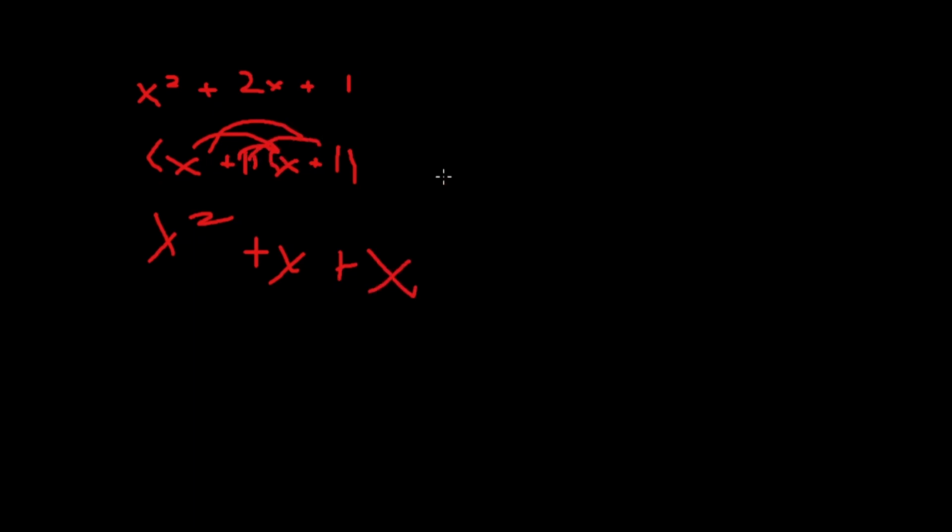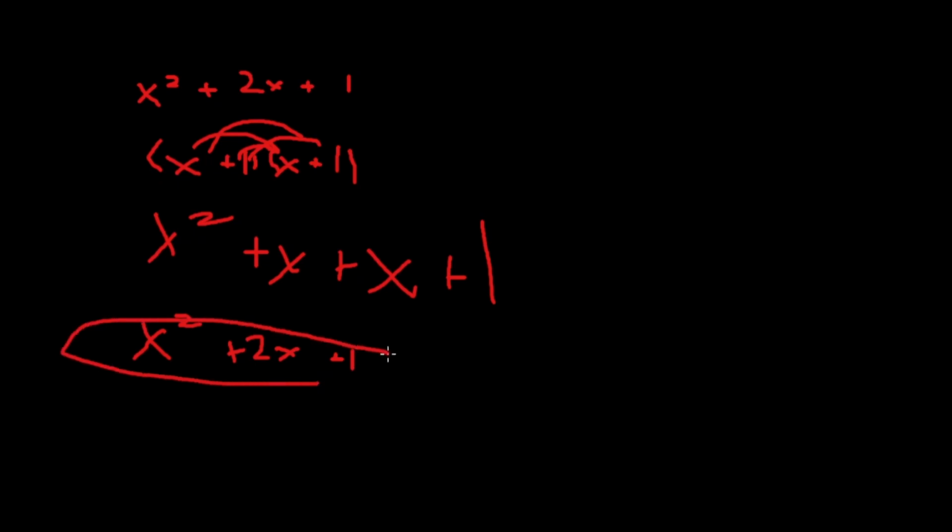And 1 times 1 is 1. So we got x squared plus x plus x plus 1. If there's plus x twice, we can just put 2x plus 1. So you should always be able to get your original equation when you multiply the stuff that is your answer.